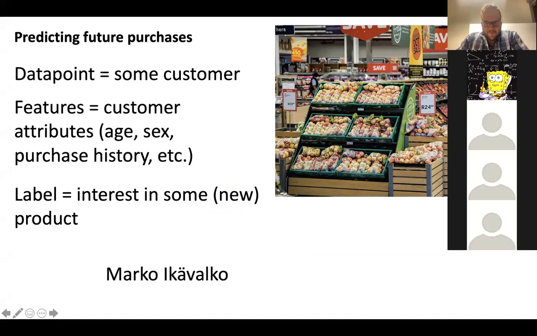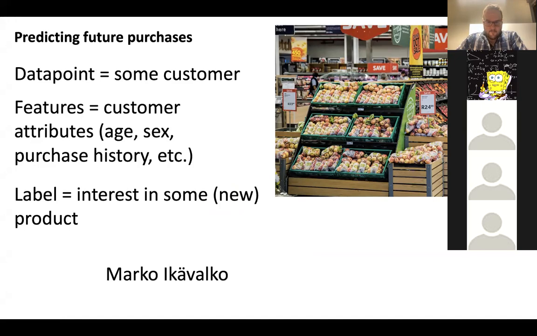Yeah, so my data points, so this is about predicting future purchases of an individual customer or individual customers at a grocery store or whatever kind of store it might be. And one data point is one customer, and then the features are customer attributes like age, sex, purchase history, and location.